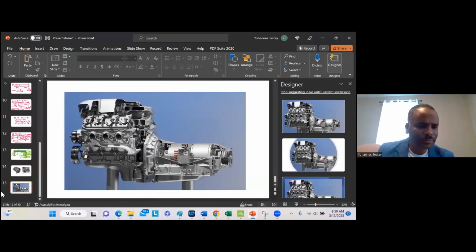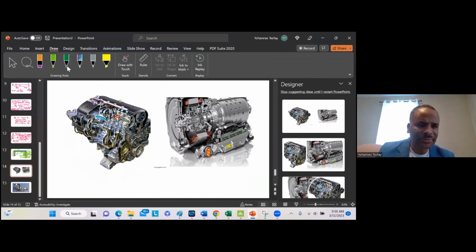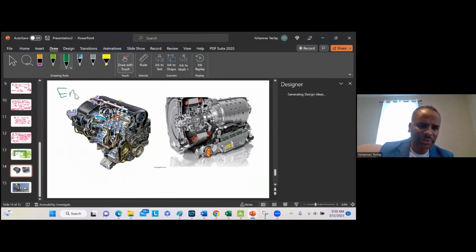So now, let me do this. This is a classical generator, you see this one. A classical motor or engine, just a classical engine. How does it work? Chemical energy in the fuel is heated.